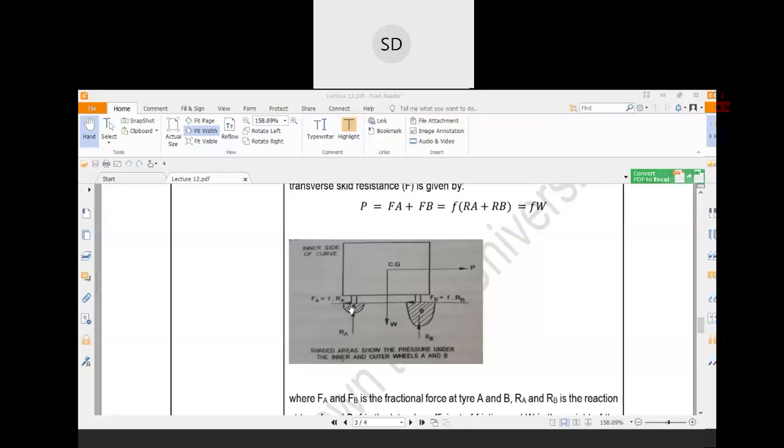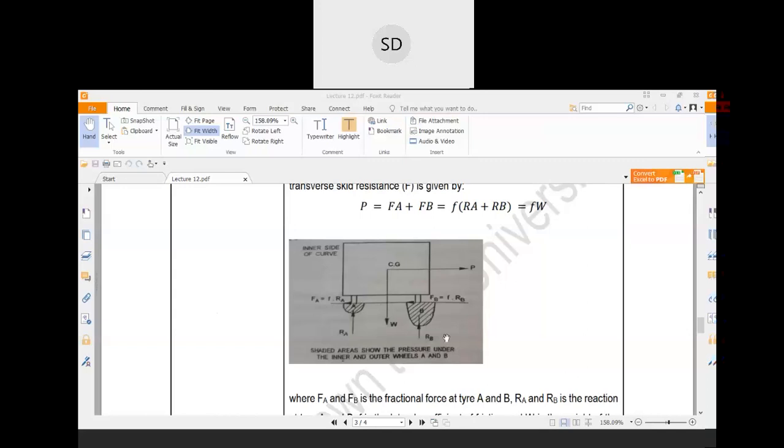Now how to prove that? Suppose this is your vehicle moving through a horizontal curve, and that is the center of gravity. The pressure on the outer wheel would be higher than the pressure on the inner wheel, because of the centrifugal force, as the vehicle is pulled in the outward direction.